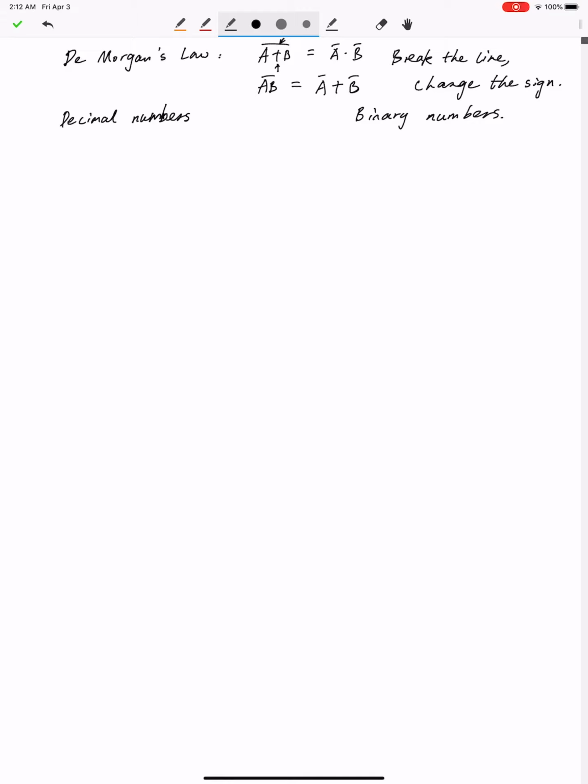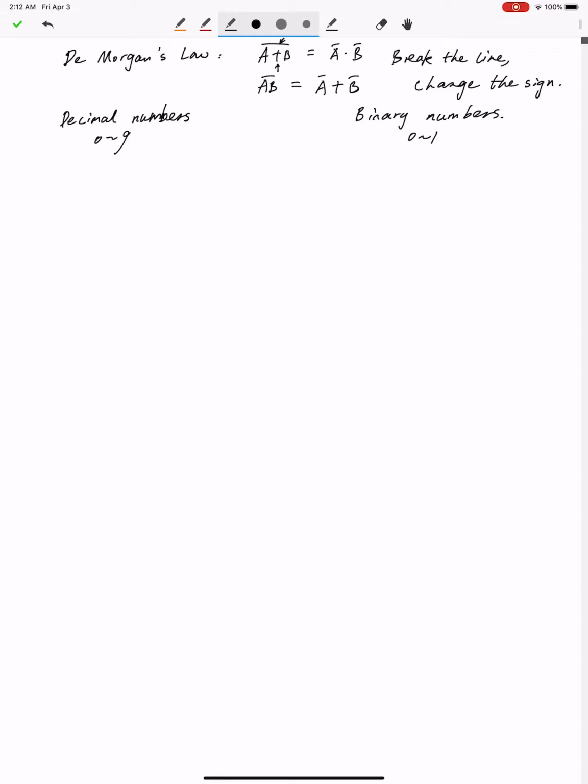We mentioned that decimal numbers have 10 different digits, 10 different values to represent a number, but binary numbers only use 2 digits or 2 different values to represent a number, and they are 0 or 1. We also mentioned the transformation between these two numbering systems.